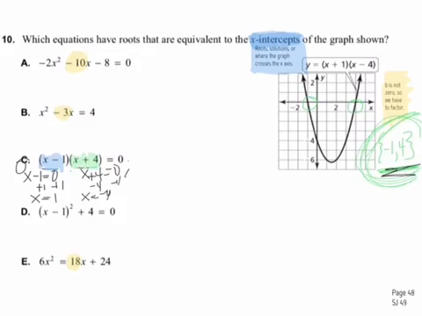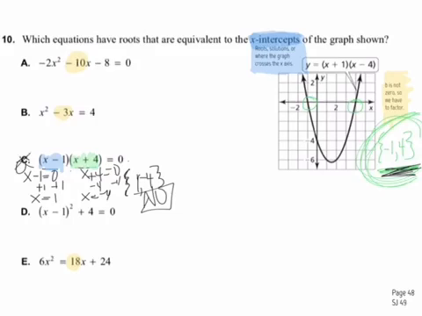So I get 1 and -4. Did I write -1? I think I did. -1 and -4. Is that the same thing as this? No. So C is not one of the answers.